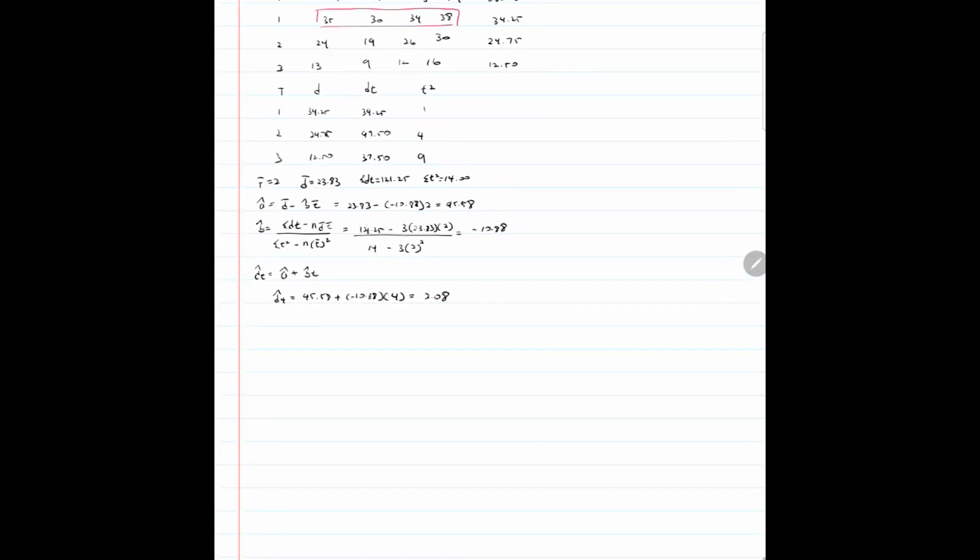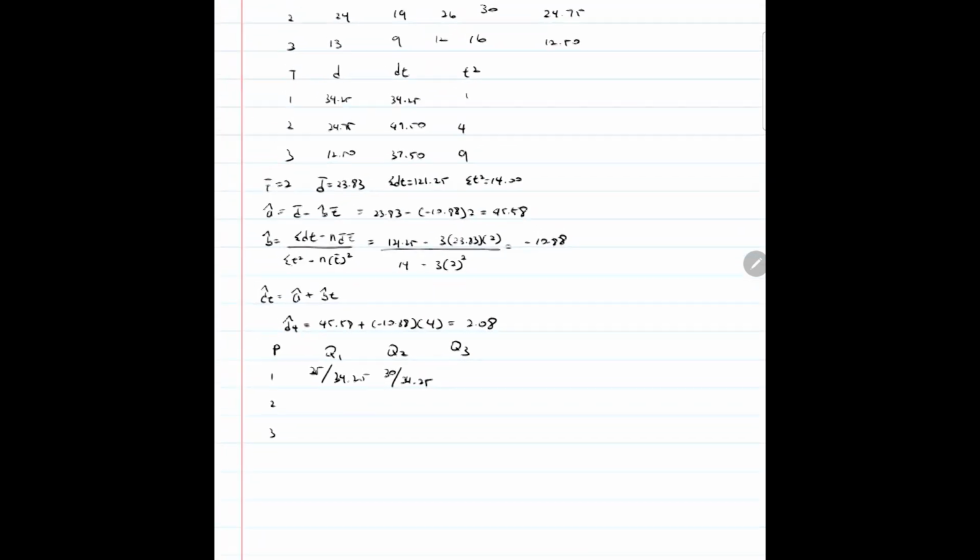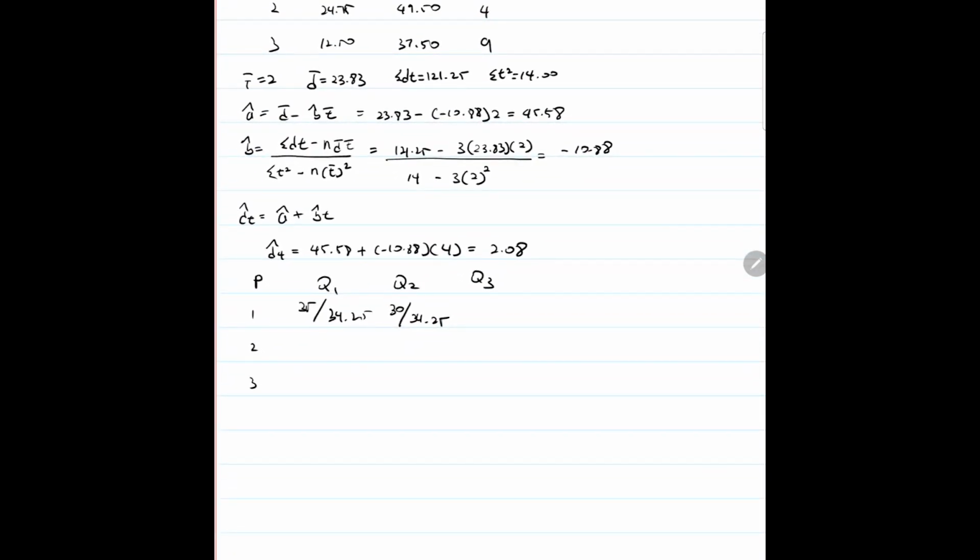So let's draw one more chart. So P 1, 2, 3. We need to weight those. So 35 divided by 34.25. It's kind of hard to see.